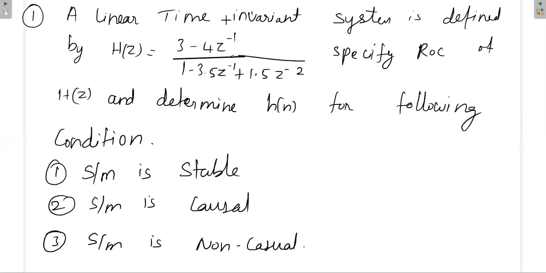Solution: in this case, H of z is given directly, or it may also be given indirectly with the help of a difference equation, just to find H of z. Now, in this case, it is given directly.